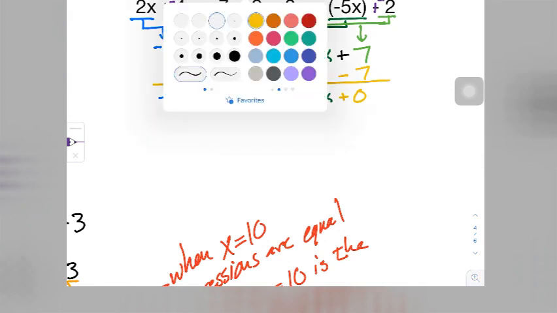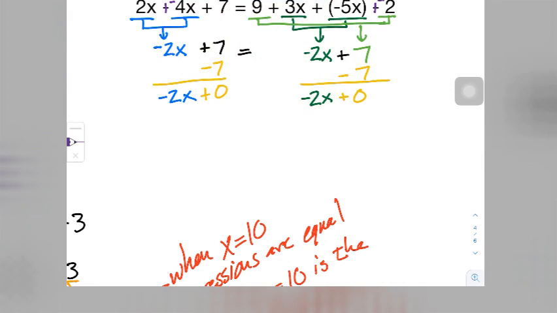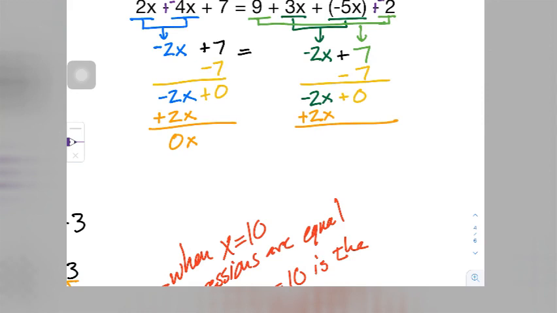And as I continue to go, I'm going to subtract negative 2x from both sides. Actually, the way I'm going to do it is I'm just going to add 2x to both sides. To get rid of these x's here, I'm going to add 2x, and that's going to become 0x. And then over here, I have to add the same amount, and so that's going to become 0x.